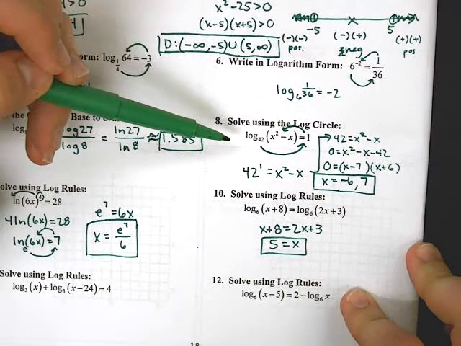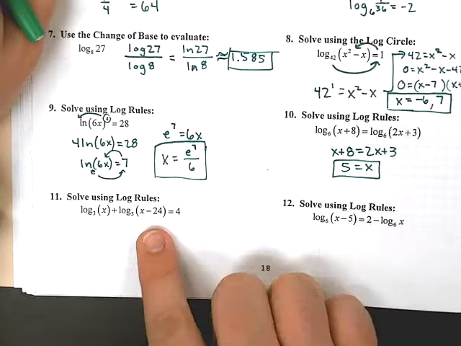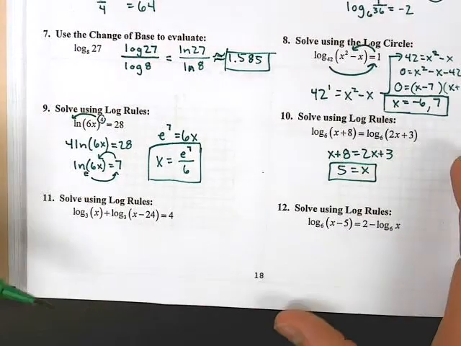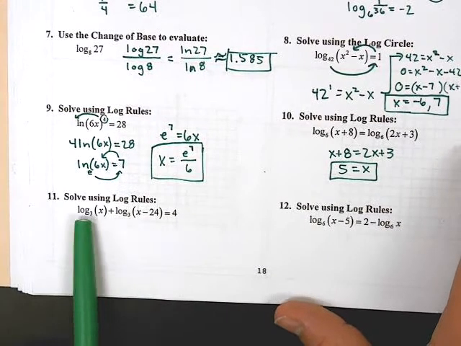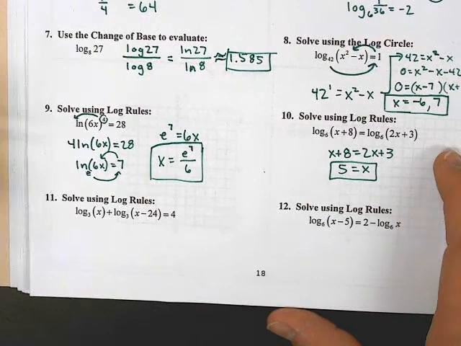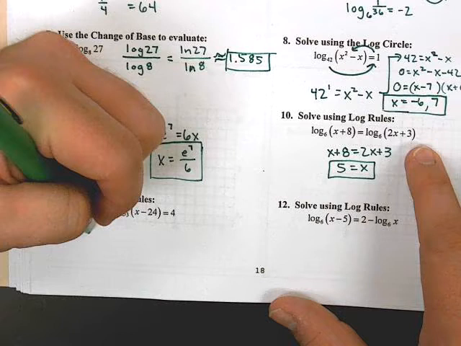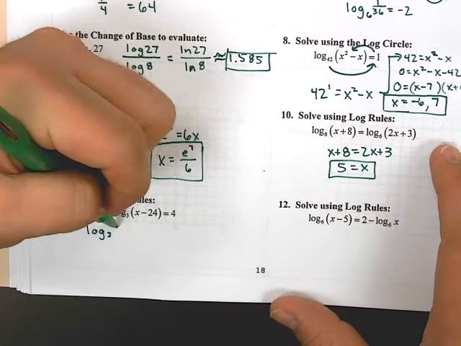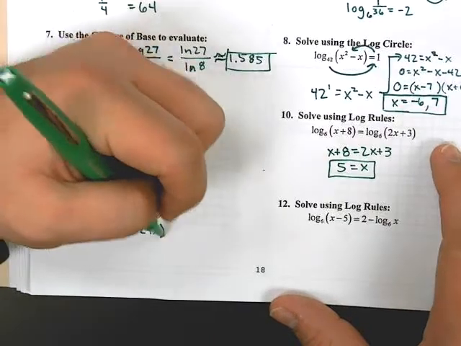In order for us to use our solving methods, we need to turn 2 logs into 1. And hopefully we agree or remember. What can we do? I see 2 logs separated by addition. If you remember correctly, when you see 2 logs separated by addition, that means that you can combine them, the arguments, using multiplication.